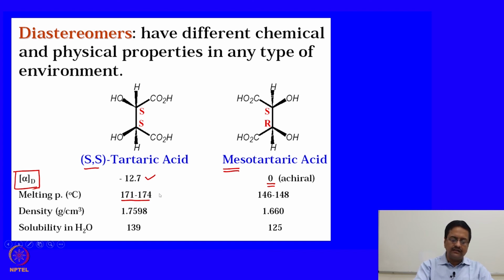They differ a lot in melting point, their densities are different, and their solubility in water in grams per liter is also different, and these differences are because they are two different compounds, diastereomers of the same compound.